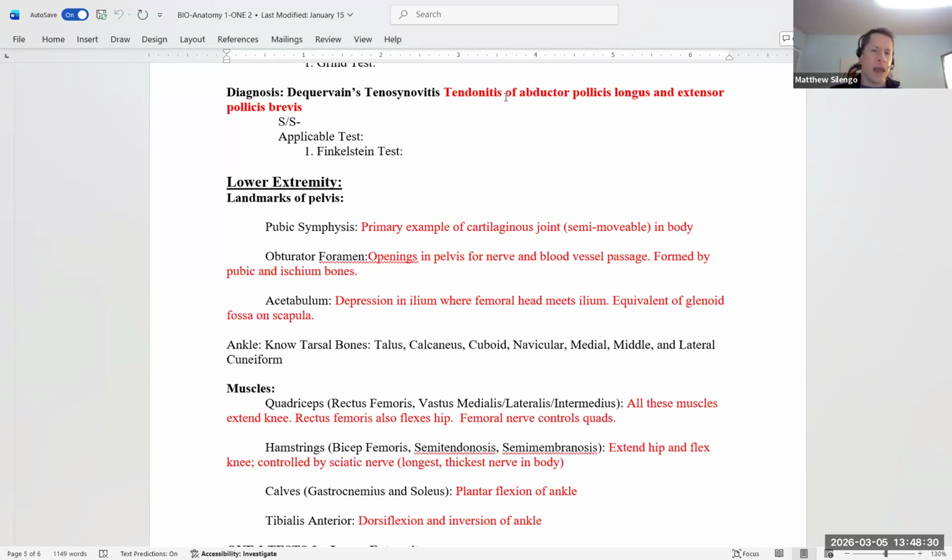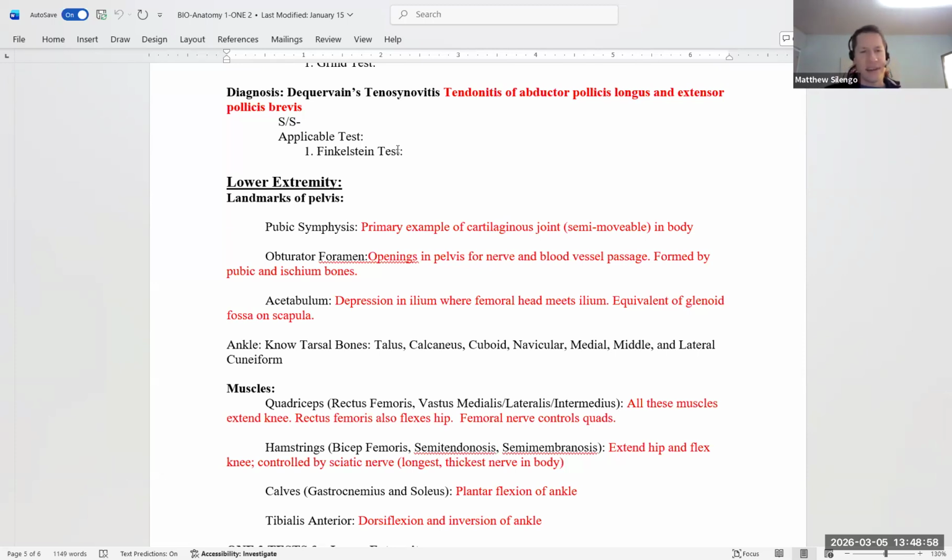Where this gets a little confusing, where sometimes people put the wrong answer, is notice that the name of the condition is called de Quervain's tenosynovitis, but the name of the test that we just did is called Finkelstein test. So they don't really look like they go together. And you would think Finkelstein's tests for something called Finkelstein's disorder or something like that, but it's just how it is.